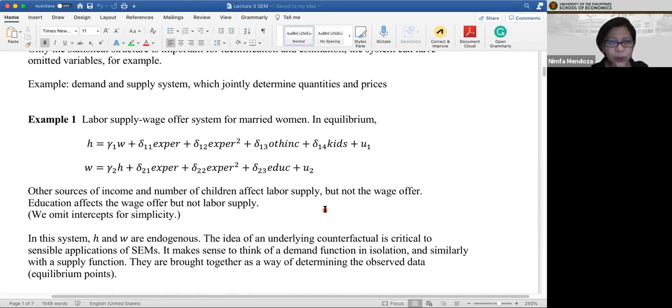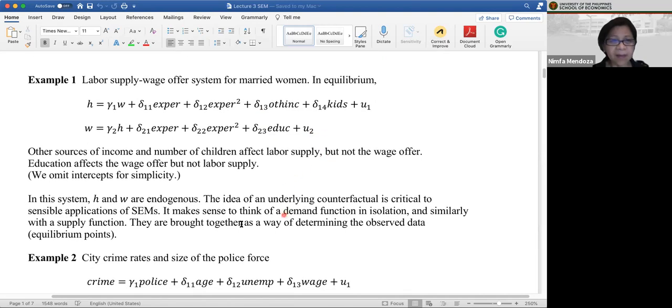But we do estimation because we really do not know the parameters of these equations. Okay. In this system, we have two endogenous variables, H and W. Okay. The idea of an underlying counterfactual is critical to sensible applications of simultaneous equation models. Okay.